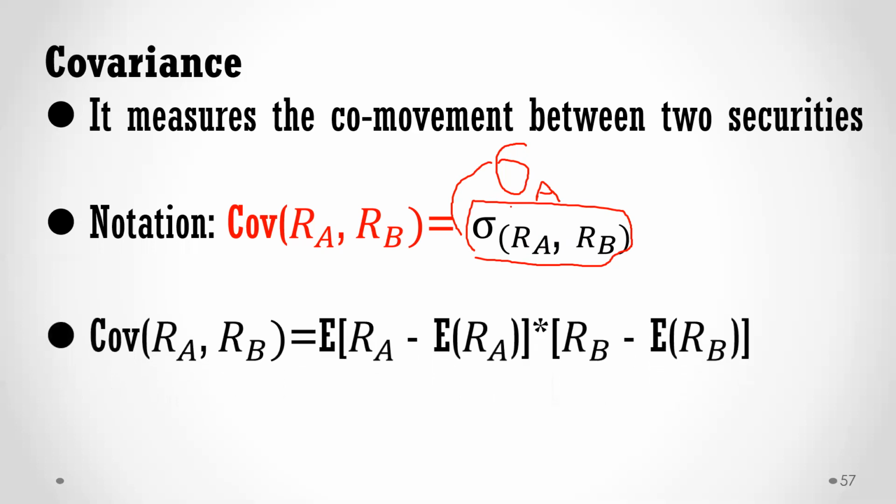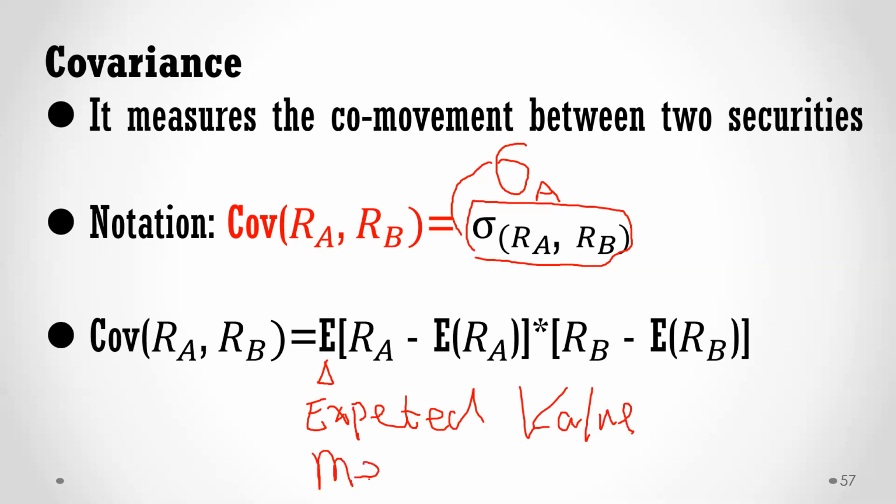Okay, and this is the equation for how you can calculate the covariance. We have the E. E stands for the expected value, or the mean value, the average, of these parts.